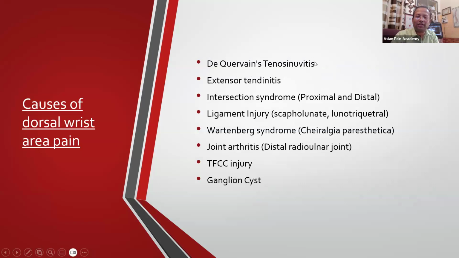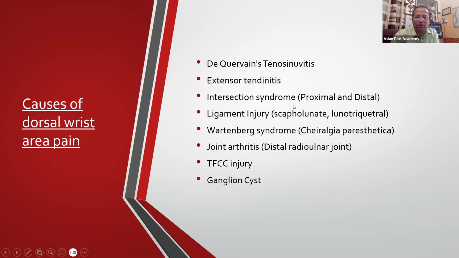De Quervain tenosynovitis is related to which tendon? First compartment. Yes, two tendons are there. Please say the names. Abductor pollicis longus and extensor pollicis brevis. Yes, APL, EPB. Extensor tendinitis can occur anywhere, in all the extensor tendons.